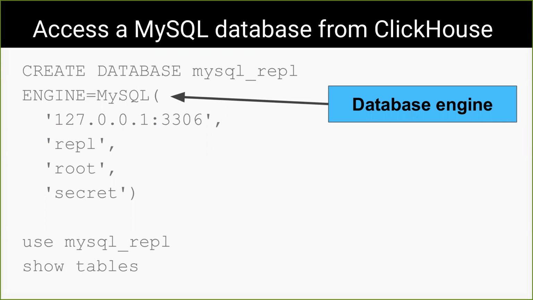But in this case, we're going to give an engine, and this engine function takes some parameters, which, as you can see, are the location of the MySQL server, the database that we're going to be talking to, and the credentials that allow us to get into that database. So if we issue this command, we can then go ahead and use that database and start looking at and playing around with the tables.